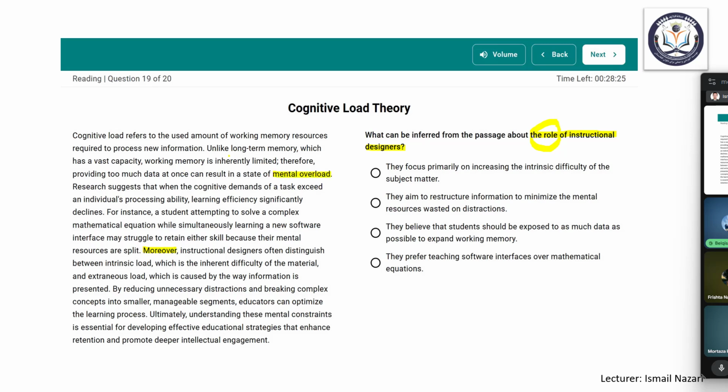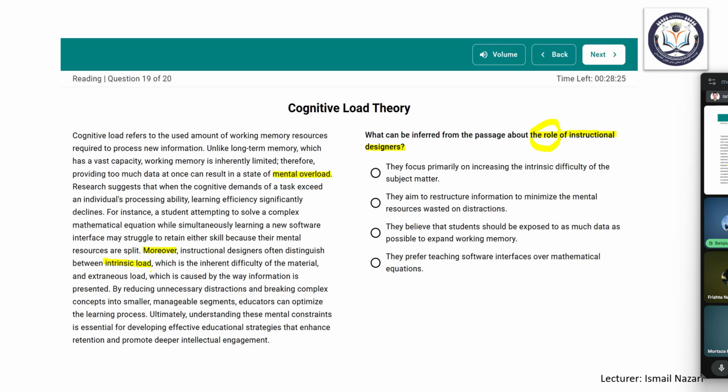So here it shows that one. And then we have the idea of instructional designers often distinguish, means they name it in a different way, between intrinsic load, which is the inherent difficulty of the material, and the extraneous load, which is caused by the way information is presented.